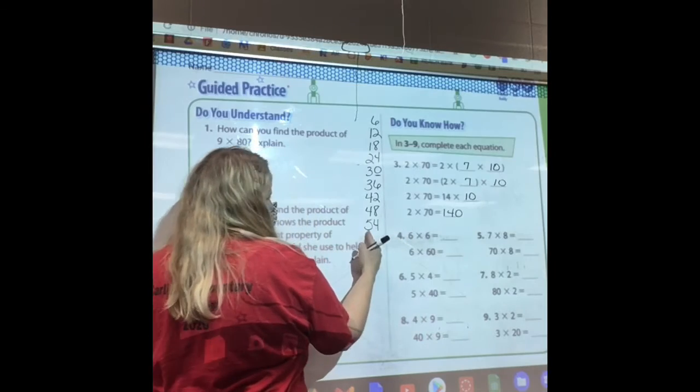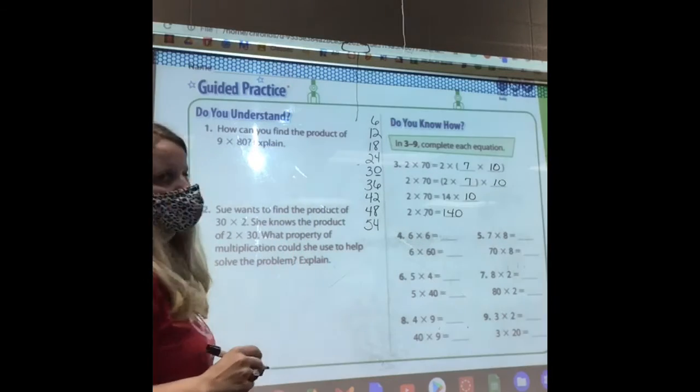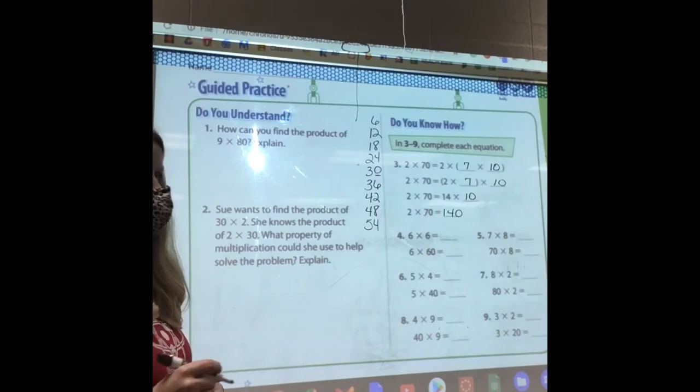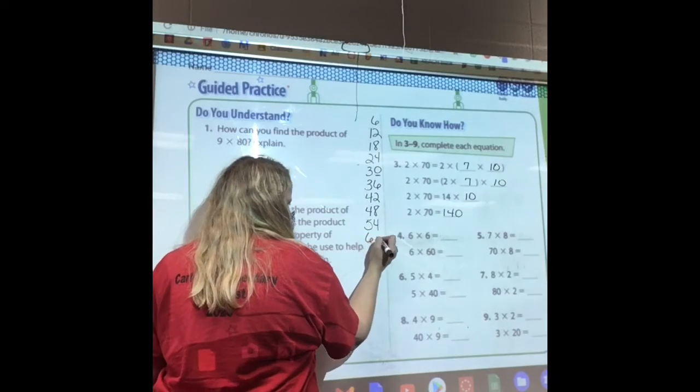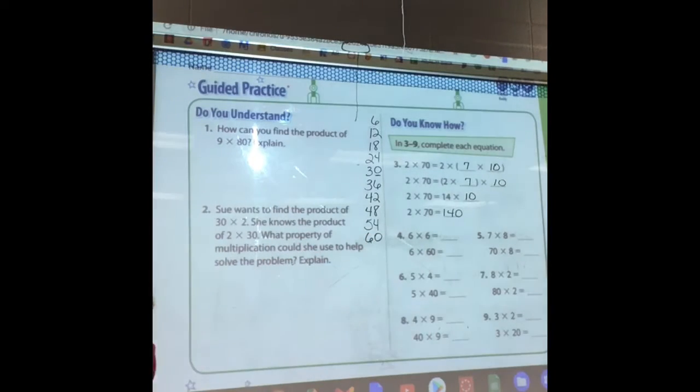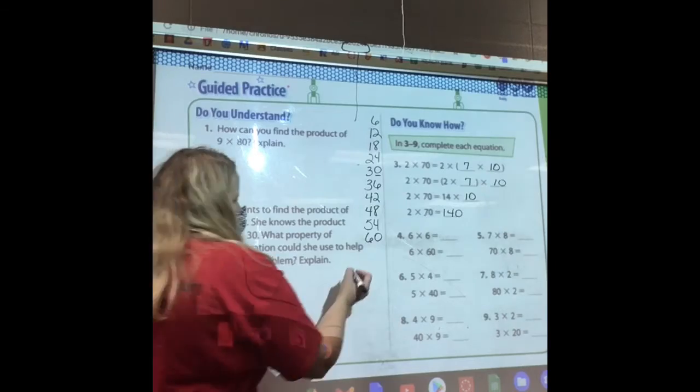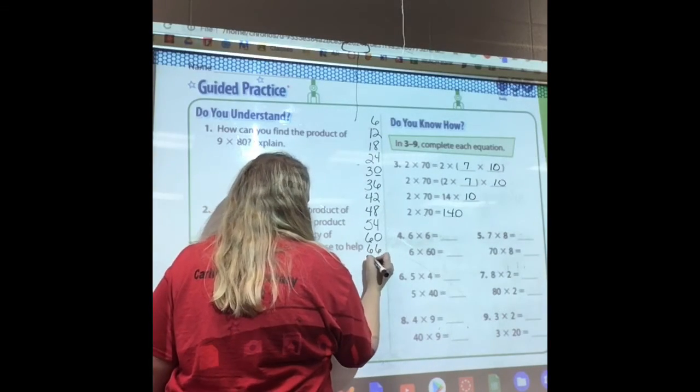That's 6 times 9, 5 plus 4 equals 9. So the next one's what? 6 times 10 is what? 60. We don't have to count that one up. Then 6 times 11, we don't have to count that up. It's 66. And then if we can remember it, 72.